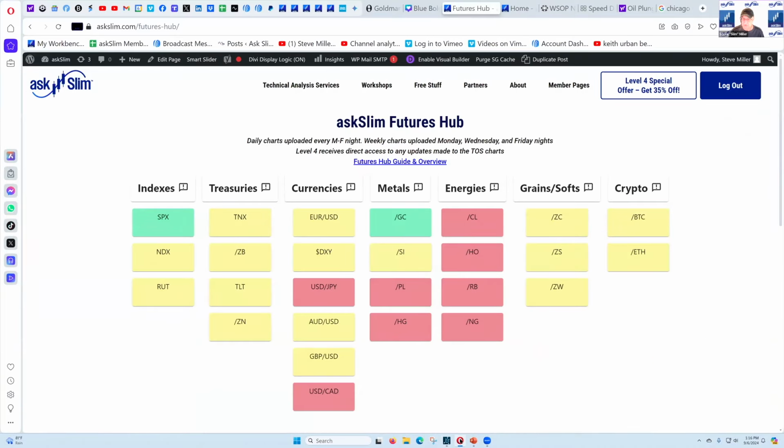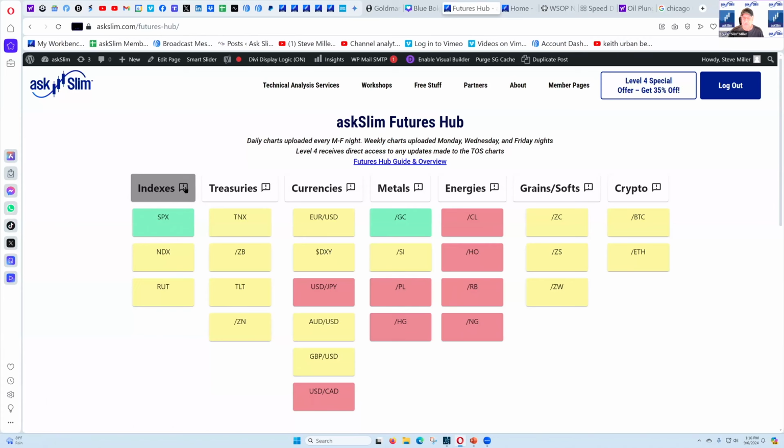For everybody else who may be interested, this is our futures hub. It looks at the analysis of all the futures that we do analysis on. They're colored based on the cycle conditions. What's important is that I bring you this analysis and it shows you what our cycle analysis is. You can get that as it's updated all the time.